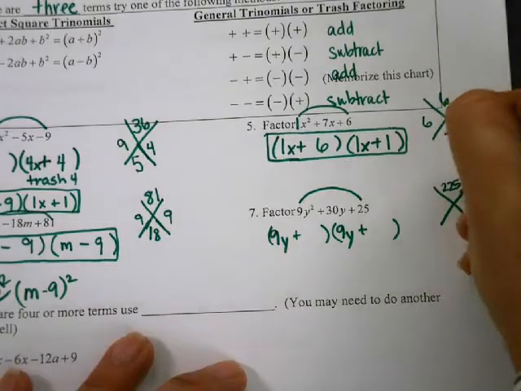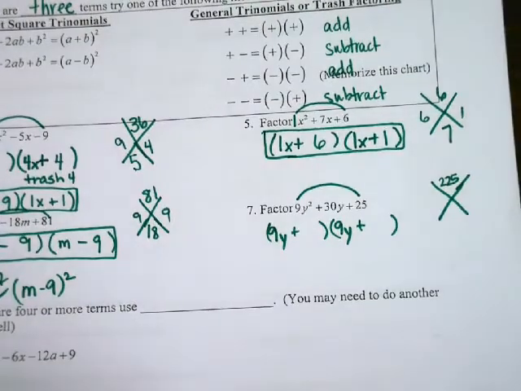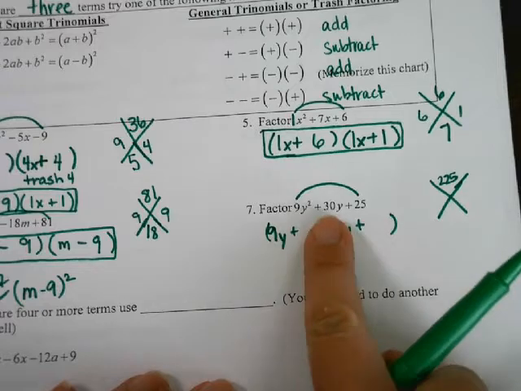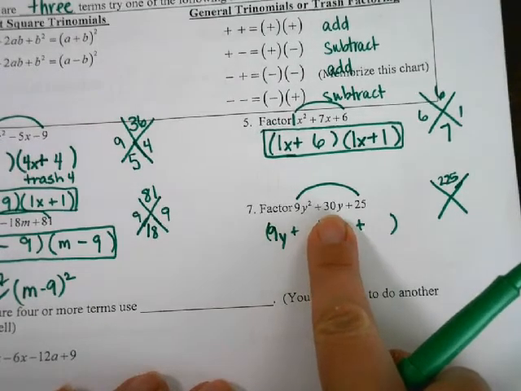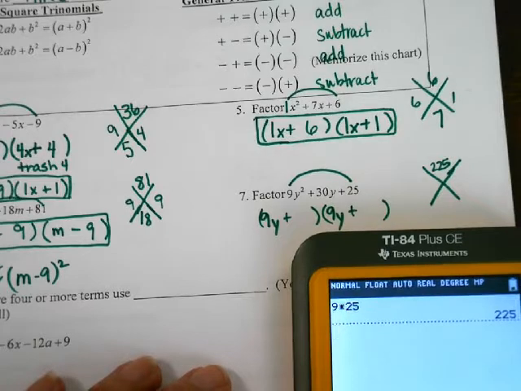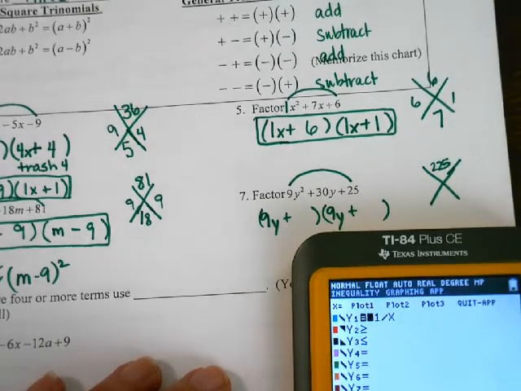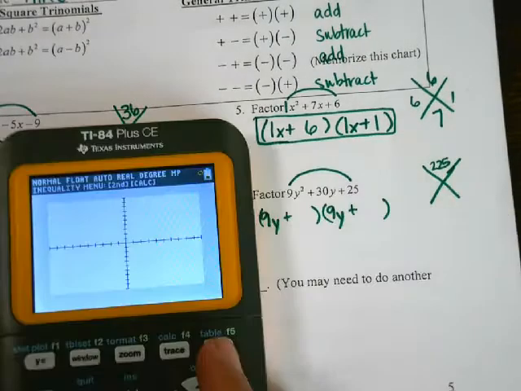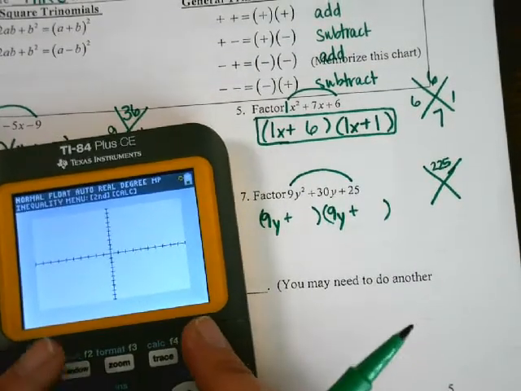I don't know about you, but I'm not really up on my factors of 225. These two signs are the same, so they have to add to 30. So let's use our calculator. I'm going to take 225 and divide it by x.